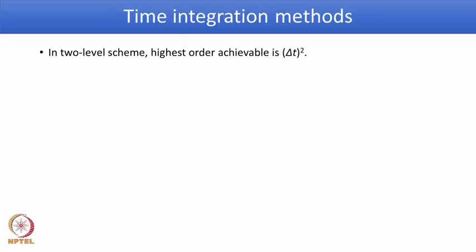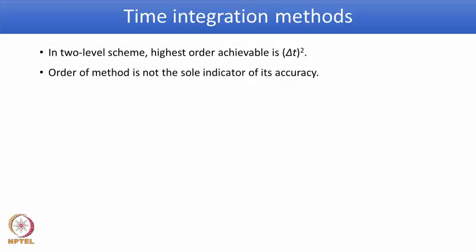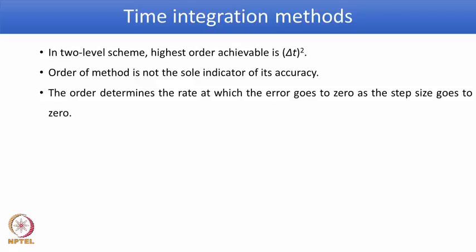In a 2 level scheme, the highest order achievable is delta t squared. The order of a method is not the sole indicator of its accuracy. The order only determines the rate at which the error goes to 0 as the step size goes to 0.